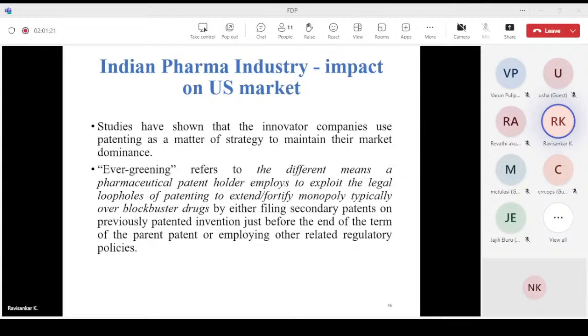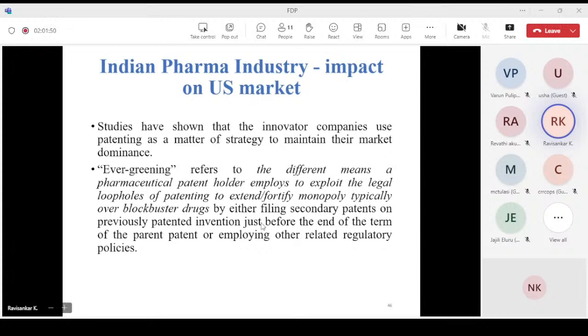If the drug product is going to expire in January 2025, there may be a composition patent or a method of use patent which will expire in 2028 or 2030, because first the drug product is developed. After that, a dosage form is prepared, either a tablet or a capsule, and the innovator company will develop different methods.